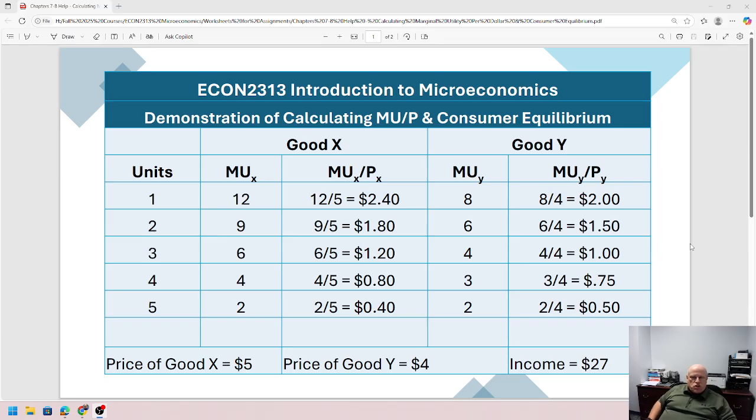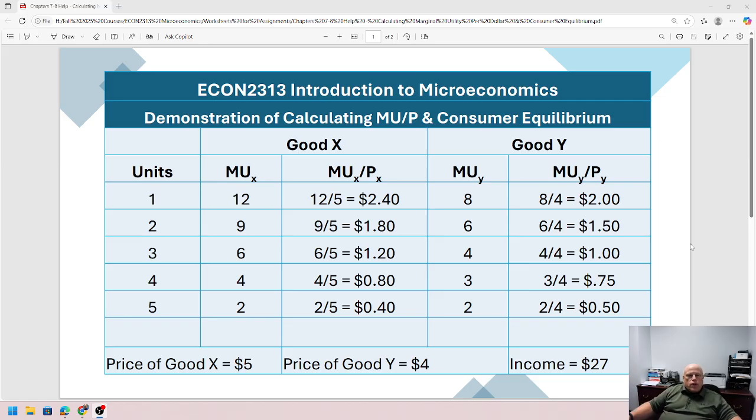Okay, this is just basically a simplified model that we use in economics to better understand the consumer buying process. You know, what we actually go through when we're trying to maximize our utility with consumption.